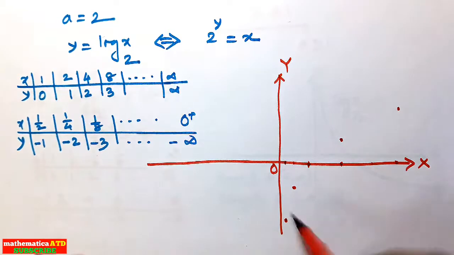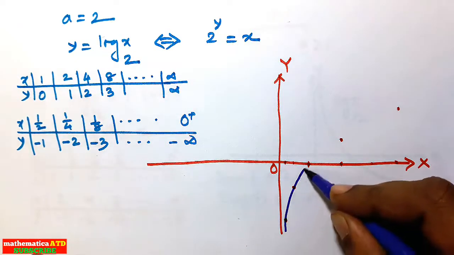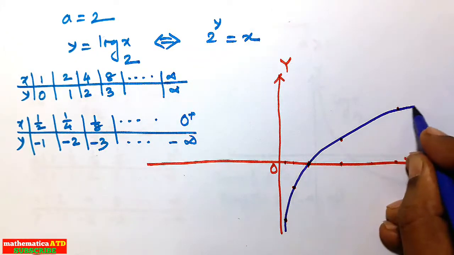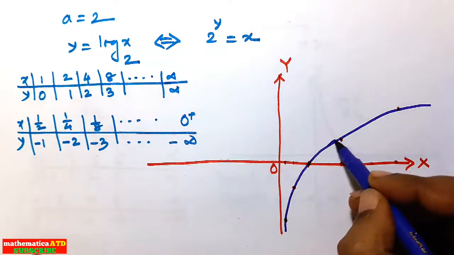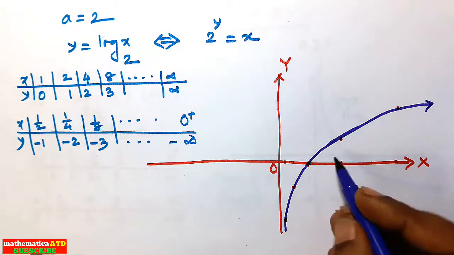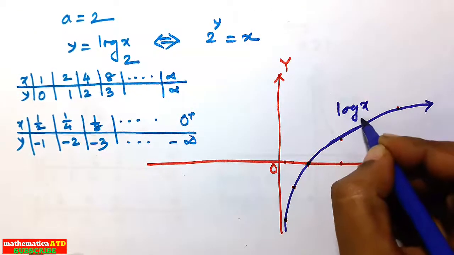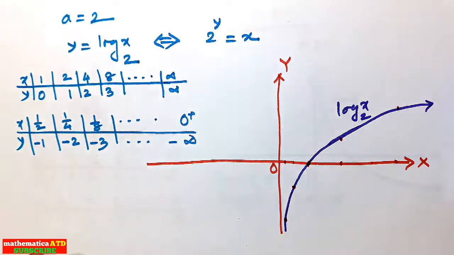Now if we join these points, we shall get a curve like this one, and it will pass through 1, 0. The curve is near about like this. So this is the curve for log x base 2.